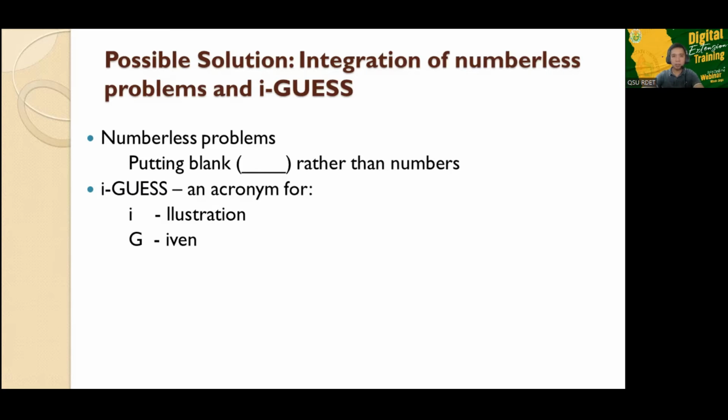Because based on my observation, when students write given, nilalagay lang yung number without even giving what these numbers are representing.